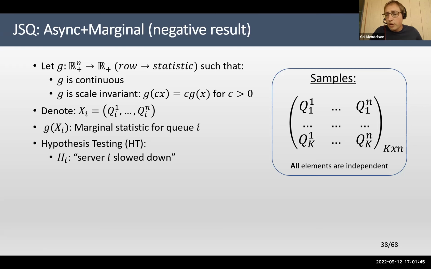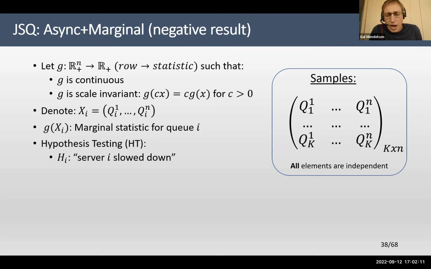Examples of functions that adhere to these conditions are the arithmetic mean, the geometric mean, the harmonic mean, all of the p-norms, the maximum. Essentially every reasonable usual thing that you would do to summarize data adheres to this. So this is pretty general for what we want to do as a summary statistic.